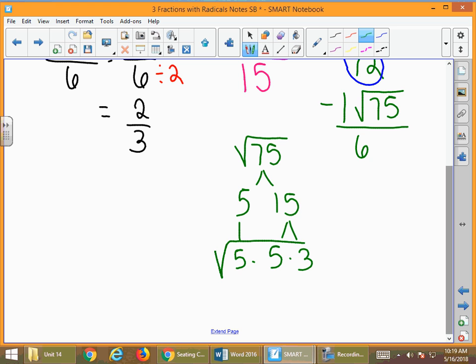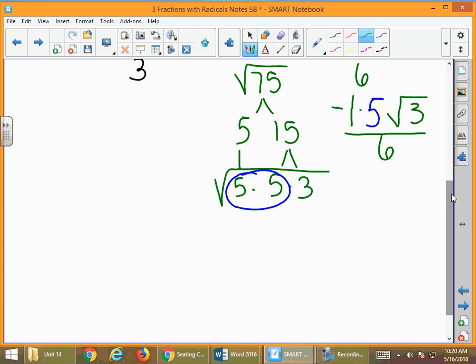And what we're looking for are 2 of the same value to take out 1. 2 5s, take out 1. Now when we put that back in, it's negative 1 times 5 square root of 3 divided by 6. And lastly, negative 1 times 5 is negative 5 square root of 3 divided by 6.